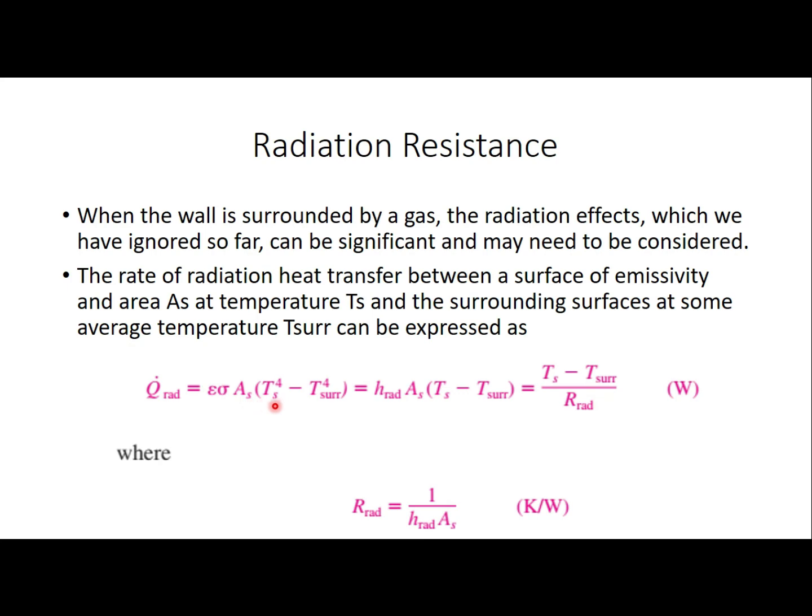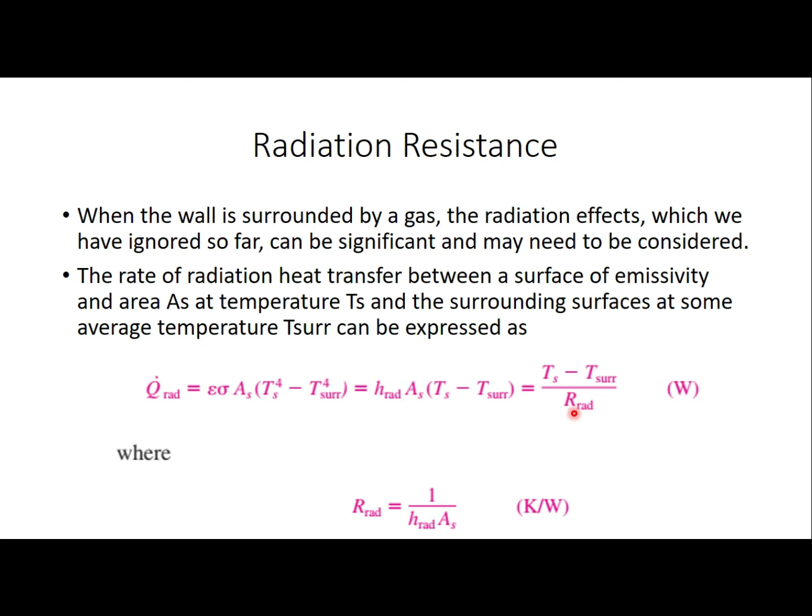And we have already studied this law in the previous slide, and we have also seen a particular example related to radiation heat transfer, the amount of heat transferred by radiation. On similar grounds, we can write Q radiation equal to the temperature difference between the surface and the surrounding temperature divided by the radiation resistance.